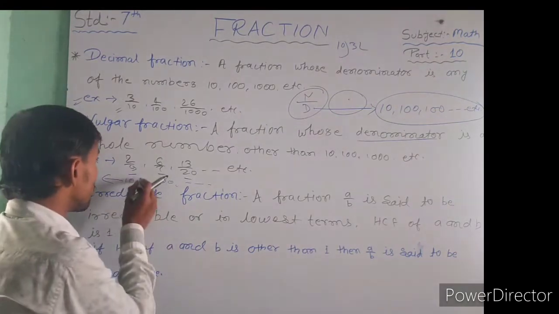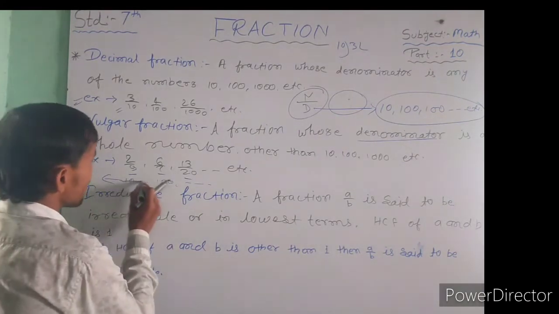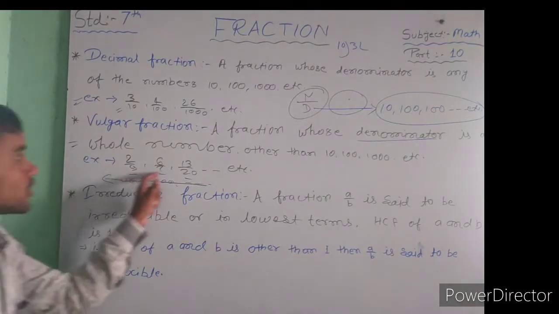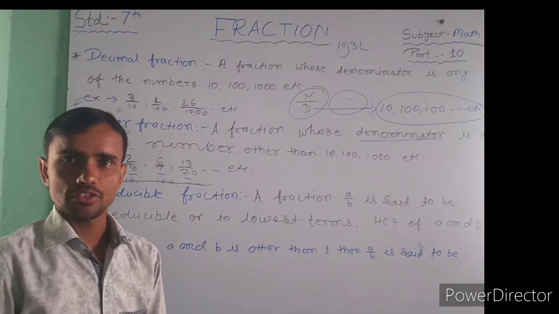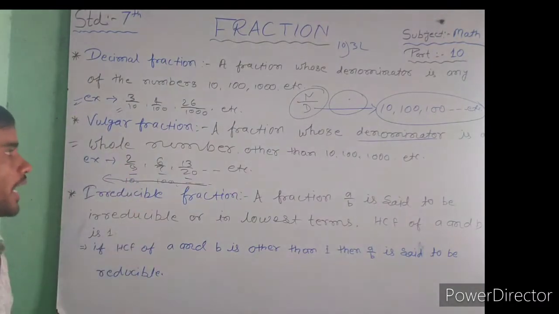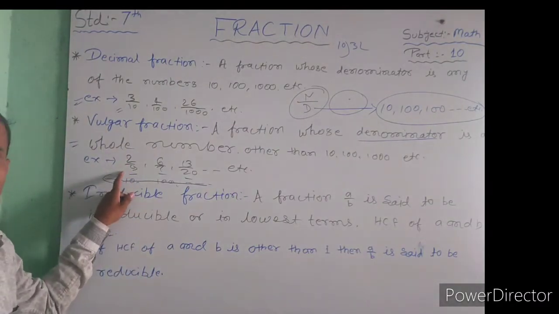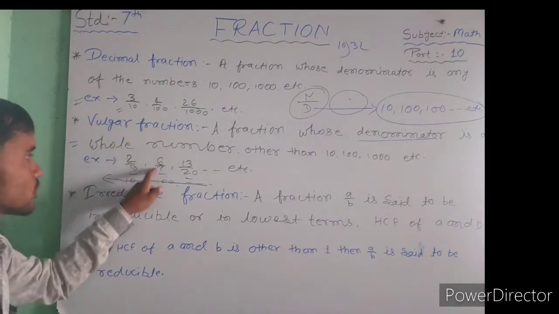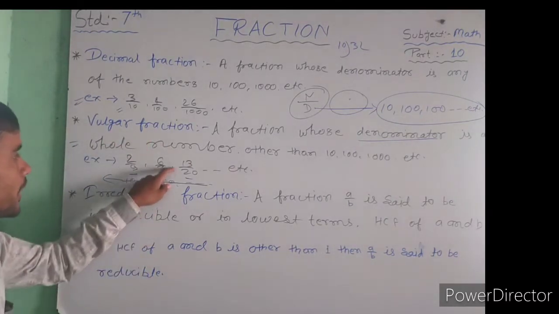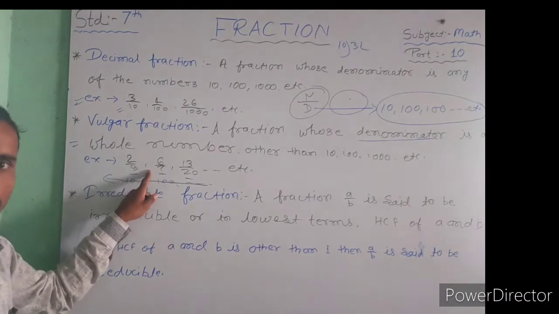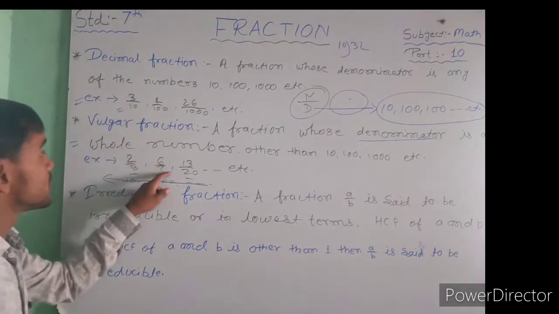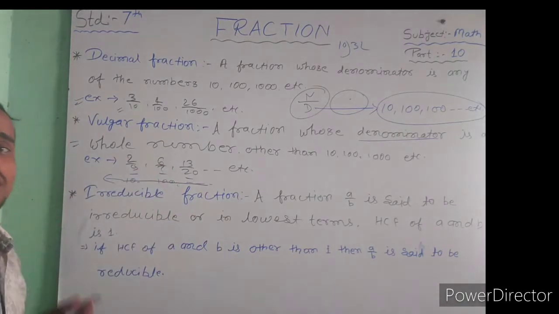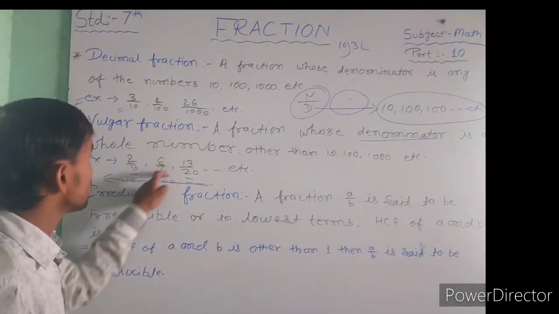If it is different and not available among those, that is a vulgar fraction. Example, 2 by 9. Here 10, 100, 1000 is not available, so that is a vulgar fraction. 6 by 7, the denominator is 7, other than 10, 100, 1000, etc. So that is a vulgar fraction.